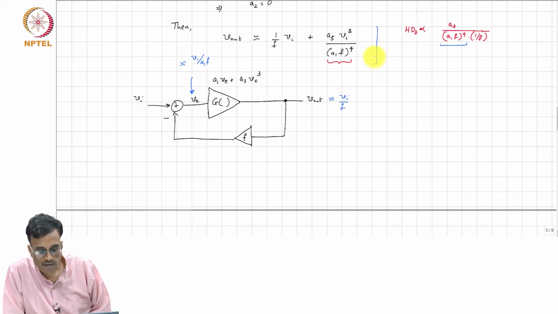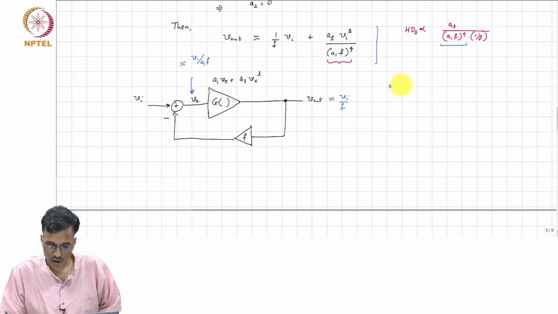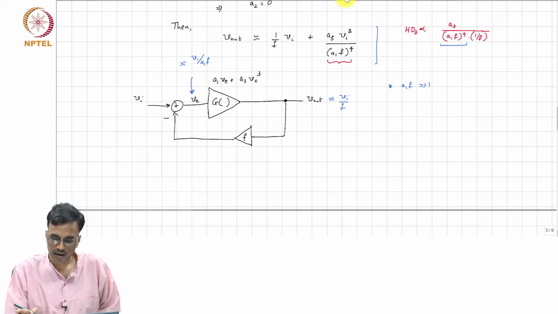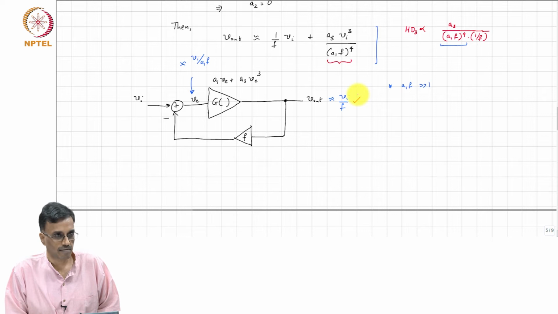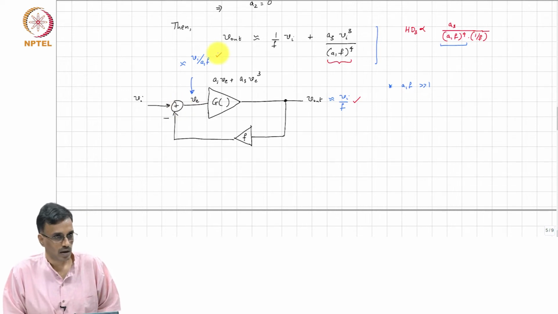So, if the loop gain is very large, so A1f is much greater than 1, the output is approximately Vi by f. If the output is Vi by f, the error voltage to a very good approximation is Vi by A1f, correct.